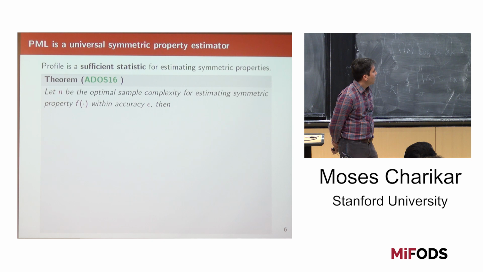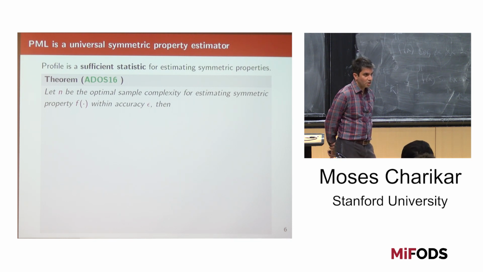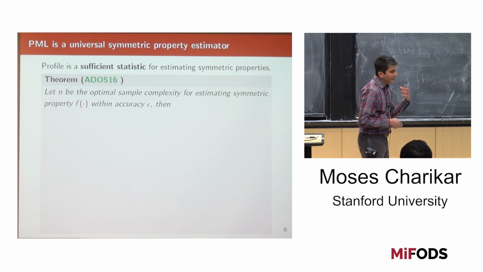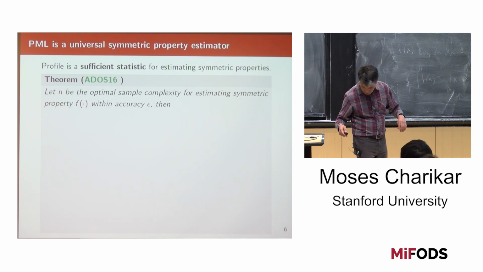This was established in a very nice paper from 2016, again by Alon Orlitsky and his collaborators. It's the same group of researchers that introduced profile maximum likelihood in the first place. And what they said is the following. Take any symmetric property of interest.